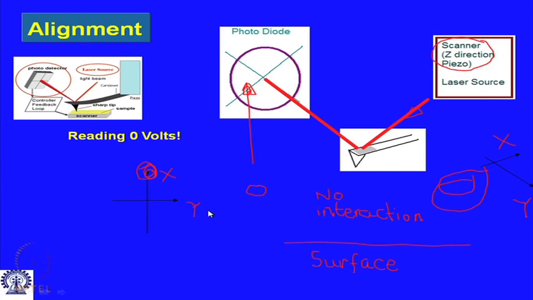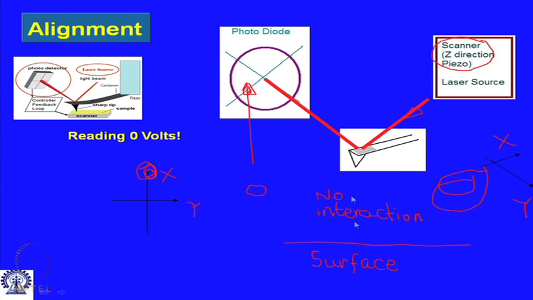Now, once the instrument has been aligned, you know that you will be using this tip to scan this surface. The next process is going to be bringing this cantilever or the probe close to the surface, and these are very small things. We have already talked about this: the length of this whole cantilever chip is a few hundred micron, and the tip has a height of a few tens of nanometer.